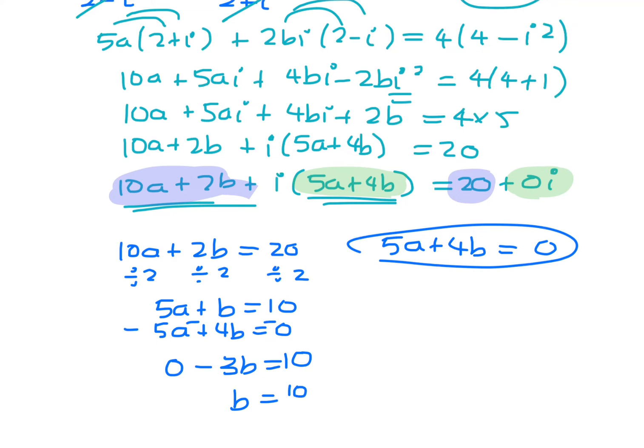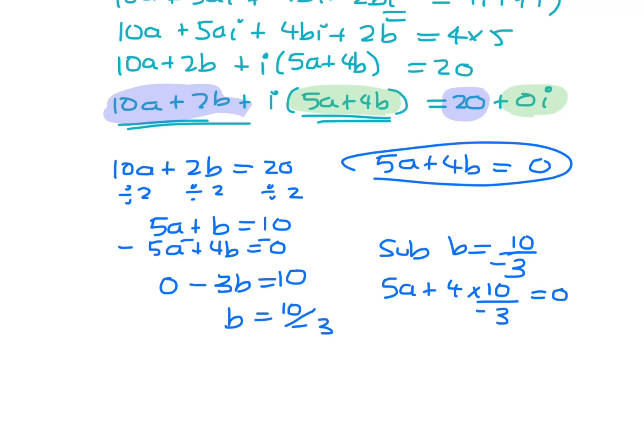Divide by minus 3, so you get 10 on minus 3, and then you just need to sub that into here, so 5a plus 4 times 10 on minus 3 equals 0.